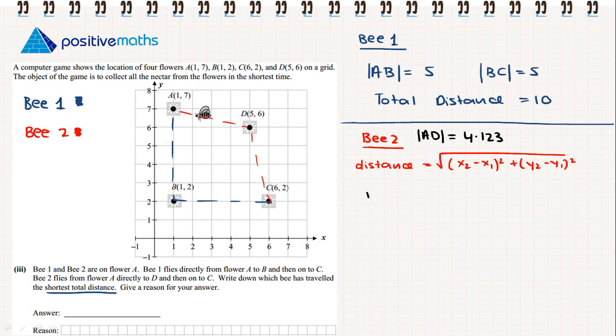Now I'm going to calculate the distance from D to C. Again, I'm going to write out my points. D is (5, 6), and C is (6, 2). I'm going to label them x1, y1, and x2, y2.